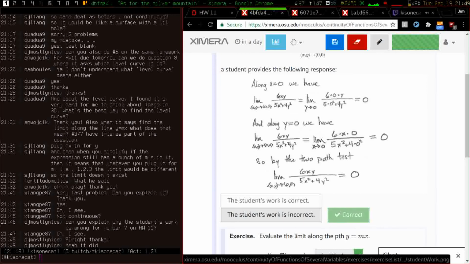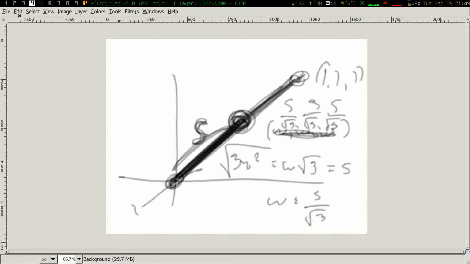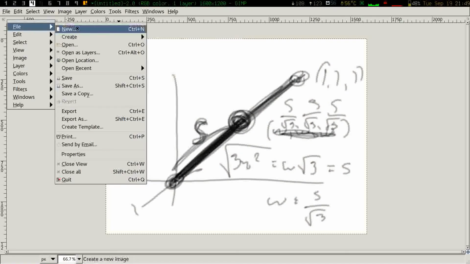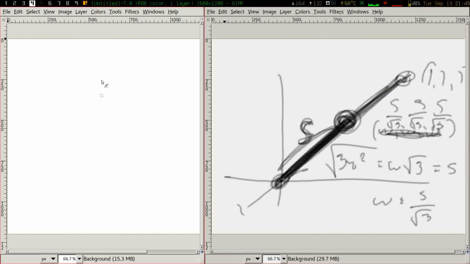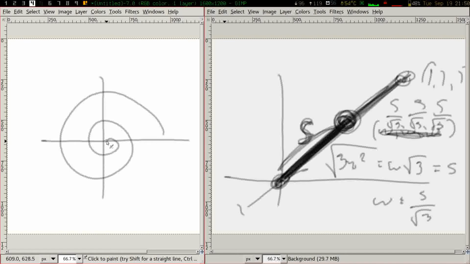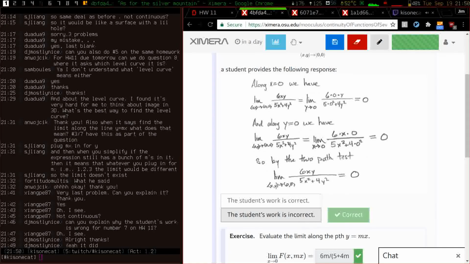Can you cook up a function so that, for example, you could just draw some kind of crazy curve, and along this sort of crazy curve, the function's value is say equal to 0, but when you come along some other curve, you get some other value for your function? That's kind of a fun thing, right? I mean, how complicated can you make these sorts of functions?